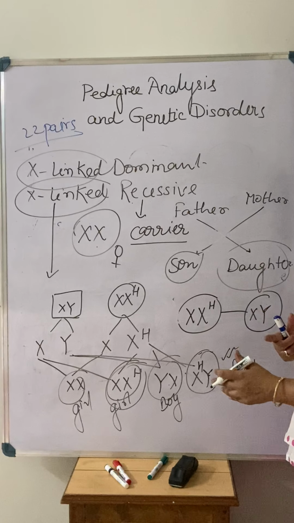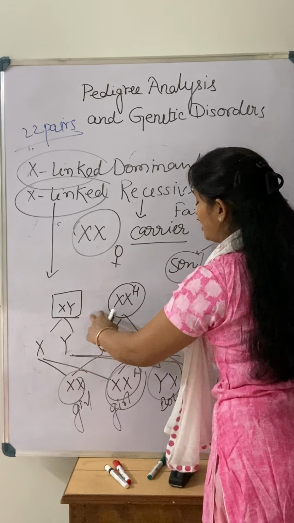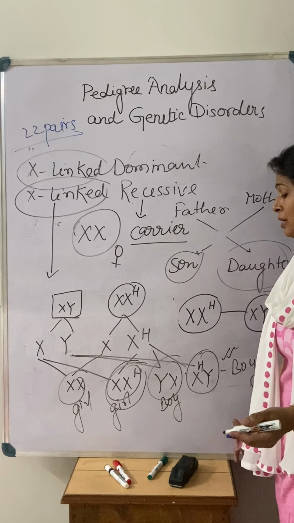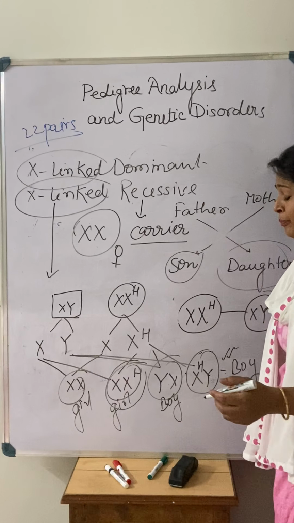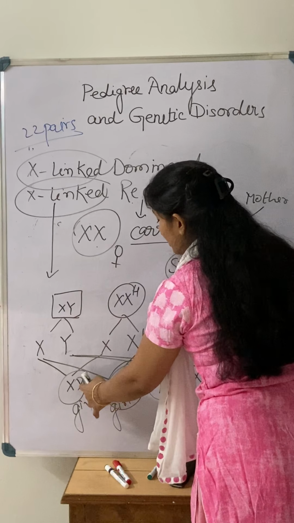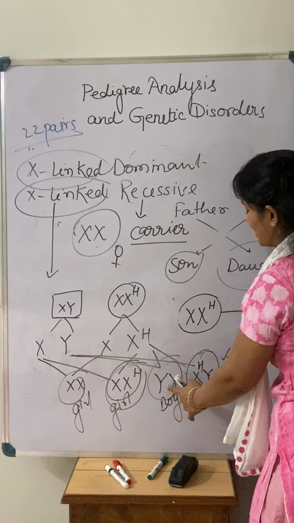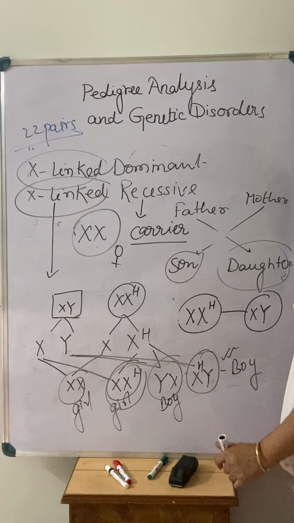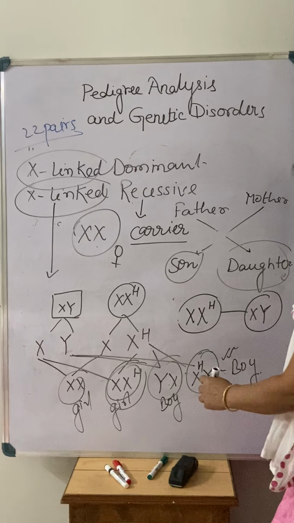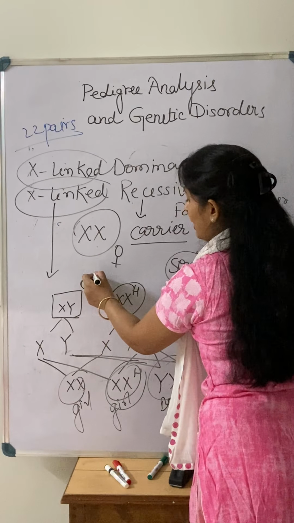In a simple way, if there is gamete formation from these parents, and in the next generation there are 4 kids, what happens? Out of 4, 1 girl is healthy, 1 girl is a carrier of the disease, 1 boy is healthy, and 1 boy is infected with the disease. Now you can see over here, father is healthy.